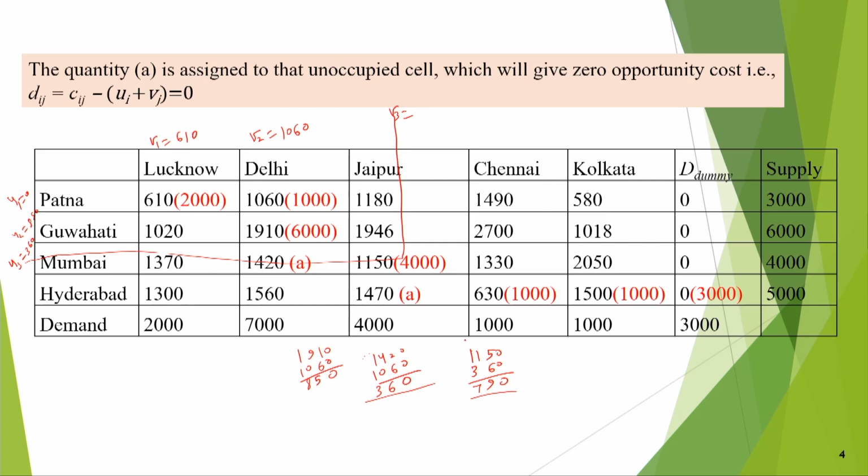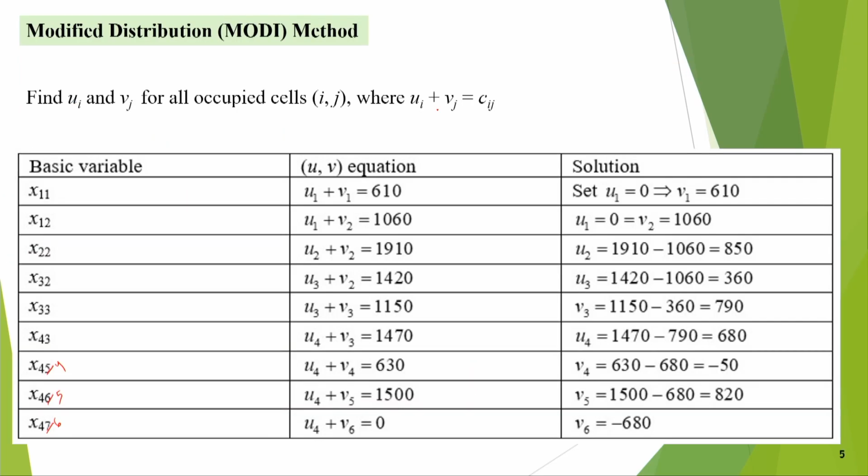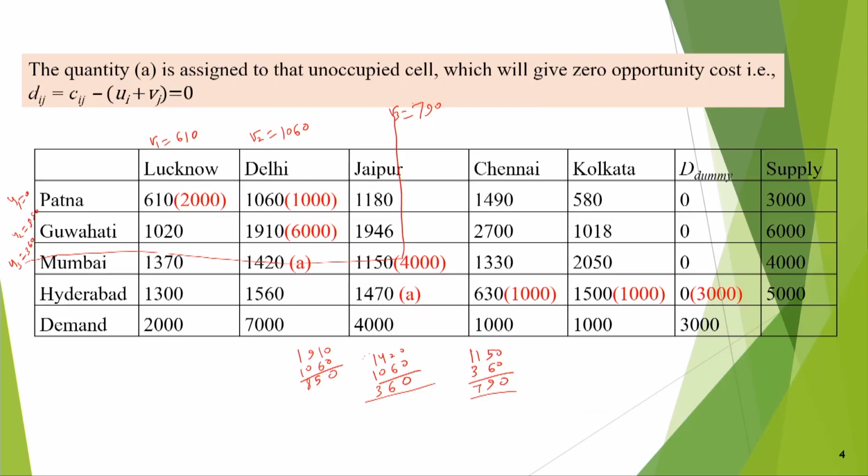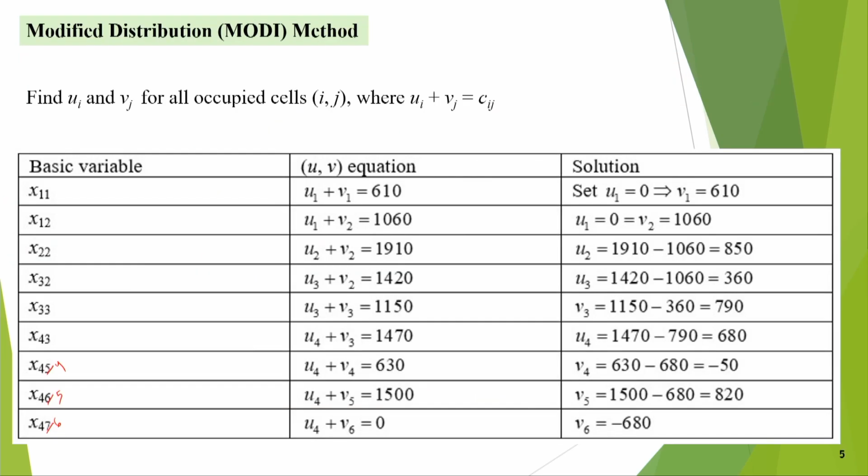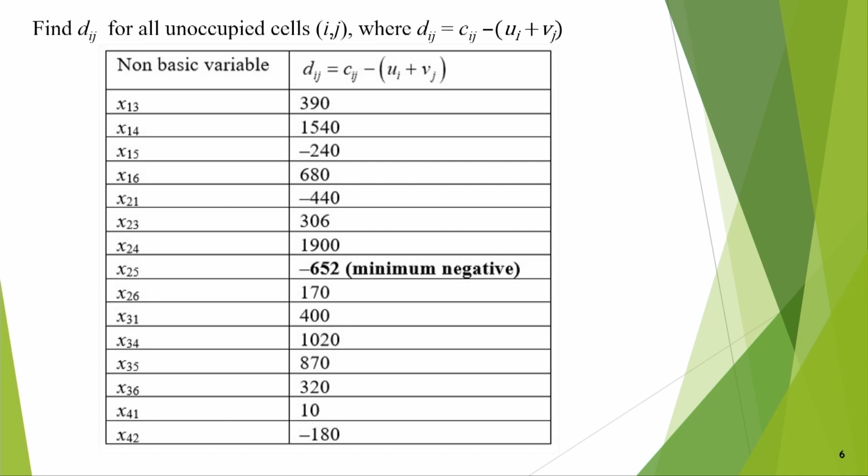So V3 is equal to 790. Okay, let me see that we have been writing like that. So like that I can complete. I can keep completing, I need not write it all here itself. Okay, so fine. So now after doing this, what we do is find the d_ij.